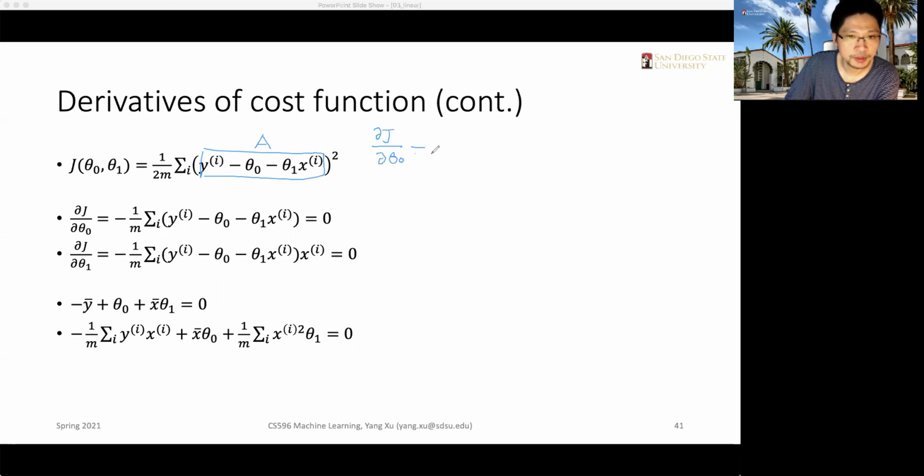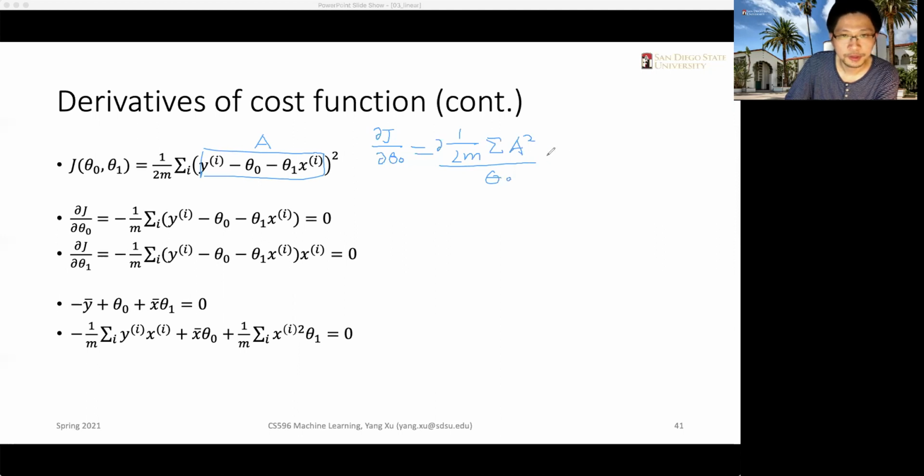It should be: take the derivative of this sigma A square with respect to theta 0.